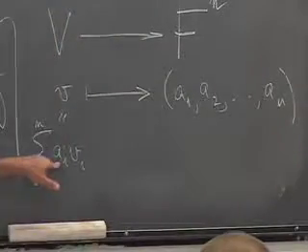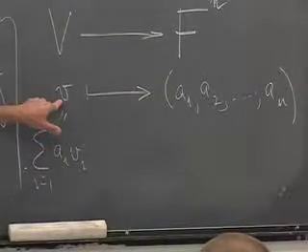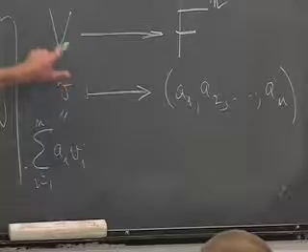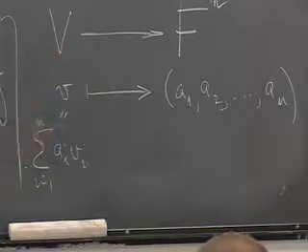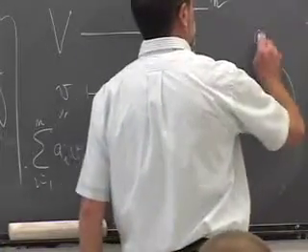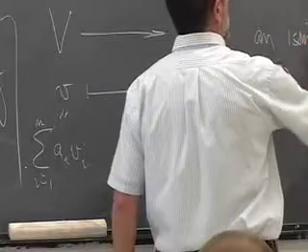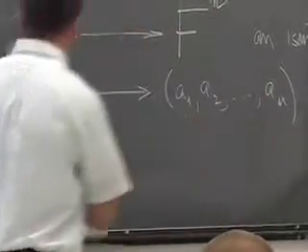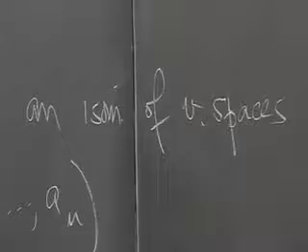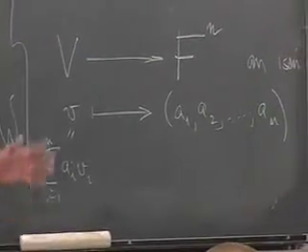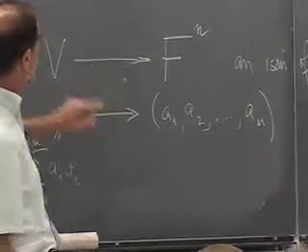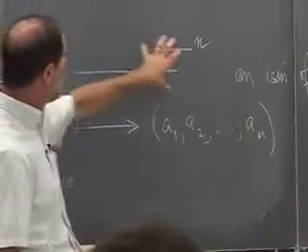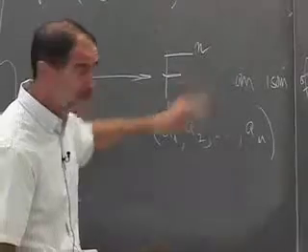And if you add vectors, you add their coordinates. And if you multiply a vector by a scalar, you multiply the coordinates. So you get a natural homomorphism here, which is in fact an isomorphism. It's clearly onto because any coordinates give you a vector, and its kernel is 0 because if the coordinates of a vector are all 0, then the vector is the 0 vector. So a choice of a basis gives you an isomorphism of vector spaces between your abstract space and this very concrete space.